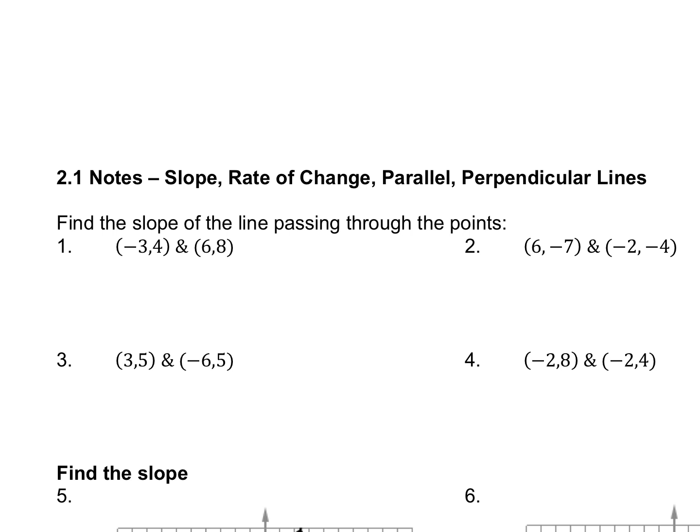So let's talk about slope. So we said in the warm-up that the slope was the rise over the run, right? Would y'all agree? Right. Another way to say that is the change in y over the change in x.